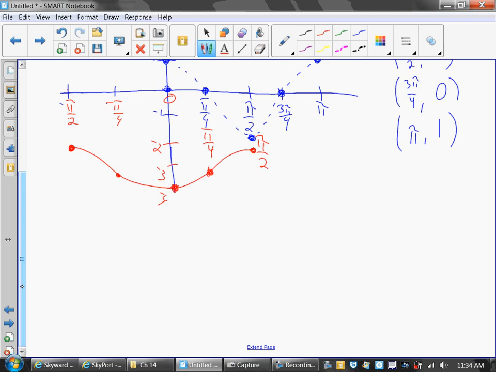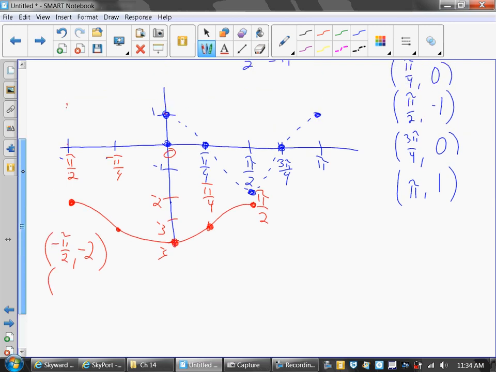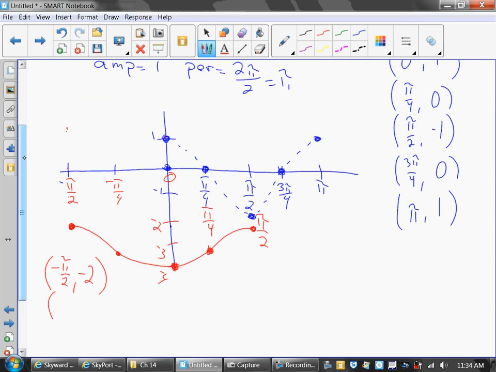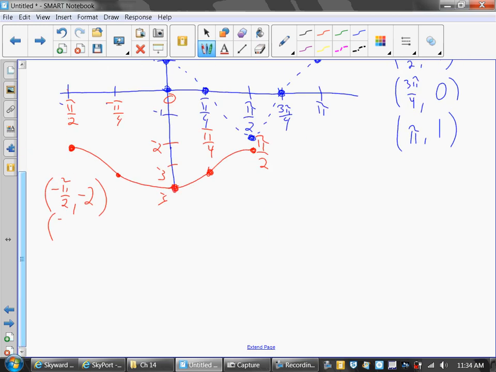So instead of being at 0 and 1, I'm at negative pi over 2 and negative 2. Instead of being at pi over 4 and 0, I'm at negative pi over 4 and negative 3. And so on and so forth. Now I'm at 0 and, what was it, negative 2 again?